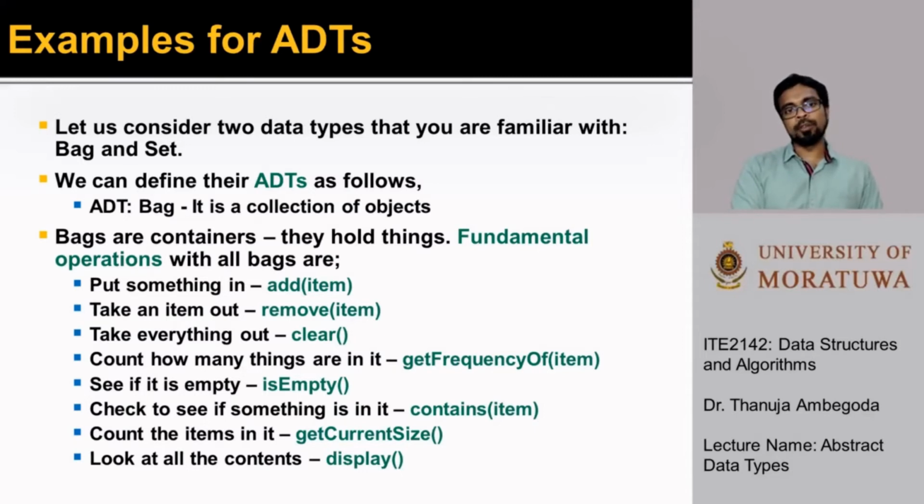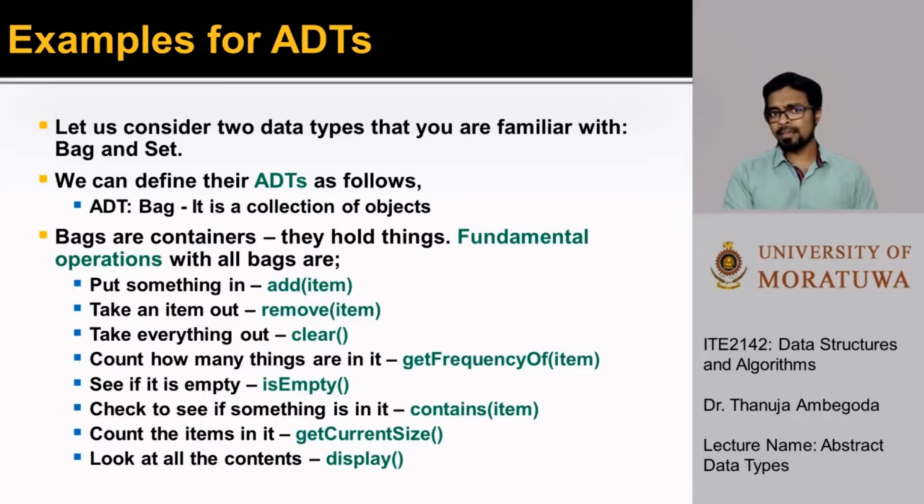So now we are going to look at some examples for abstract data types. We are going to look at bag and set. We can define the ADTs, the abstract data types, as follows. But let's first look at the bag abstract data type.